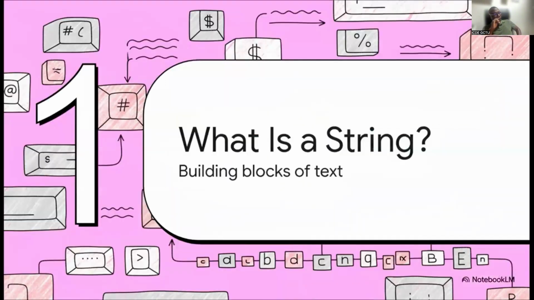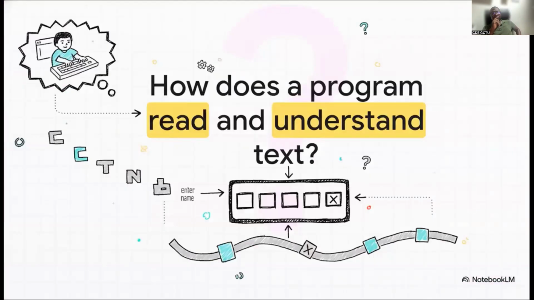Let's do it. Okay, first up, what in the world is a string? Honestly, you can just think of it as how we get our programs to understand text. I mean, anytime you see words on a screen, a button, a pop-up message, your username, you can bet a string is working behind the scenes. I mean, think about it, right? We're constantly typing text into our computers.